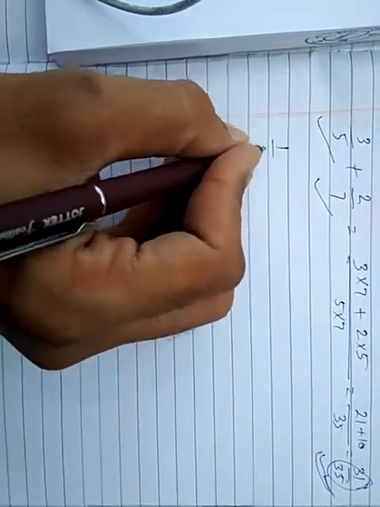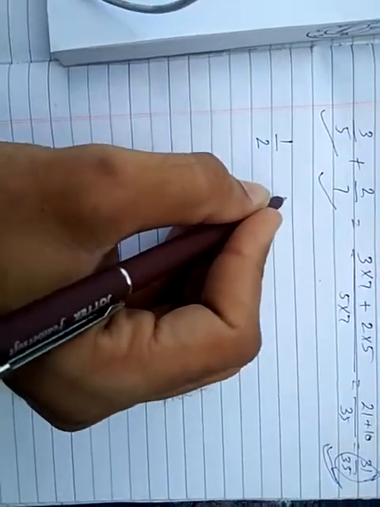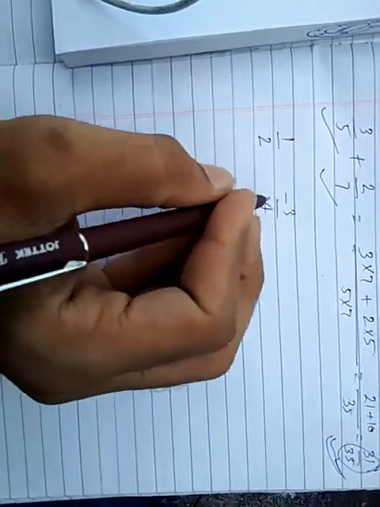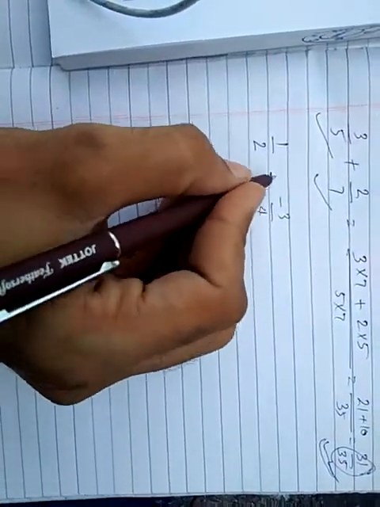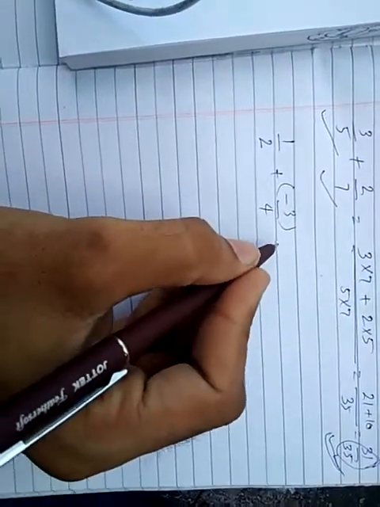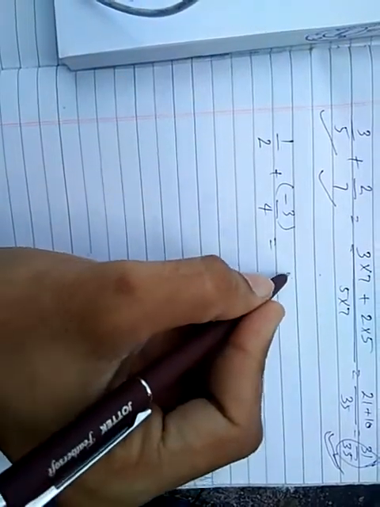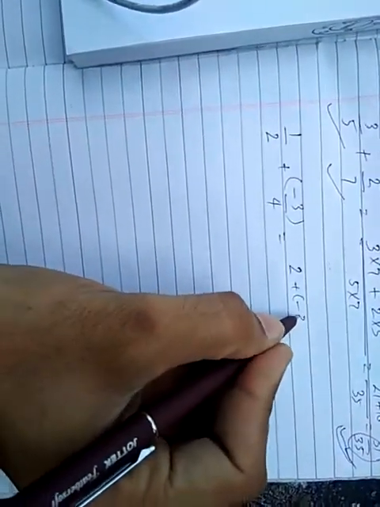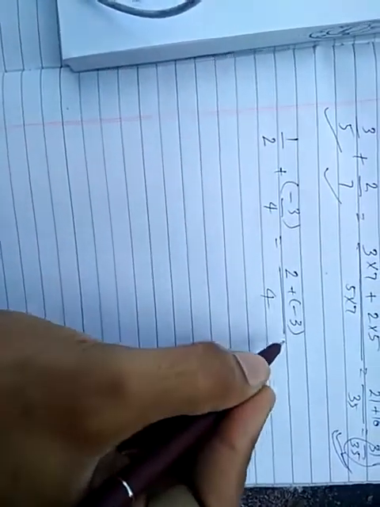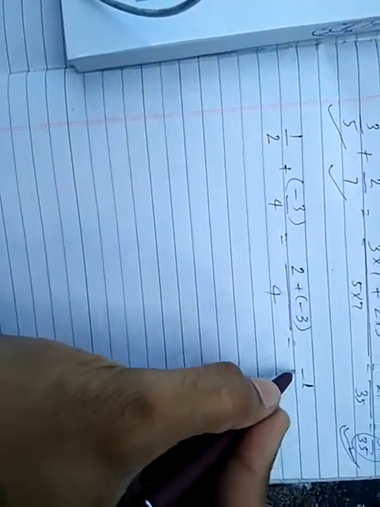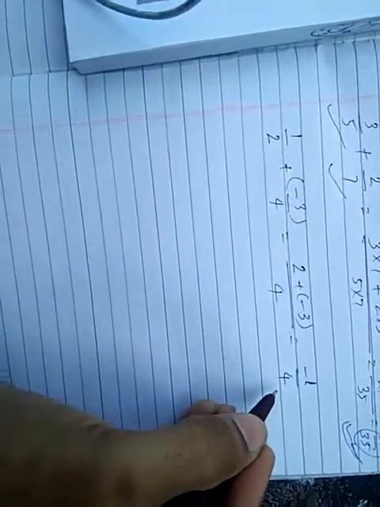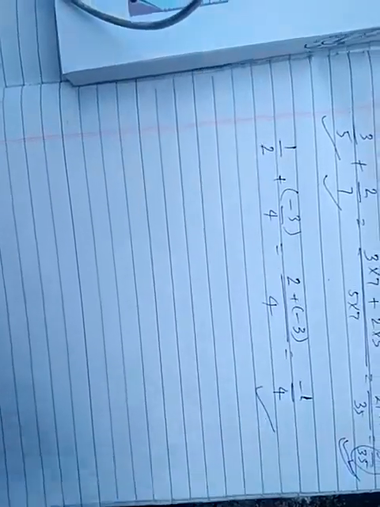Suppose we have 1 upon 2 and minus 3 upon 4 as the rational numbers. Let's add these numbers. Then 2 plus minus 3 upon 4 is equal to minus 1 upon 4, which is a rational number.